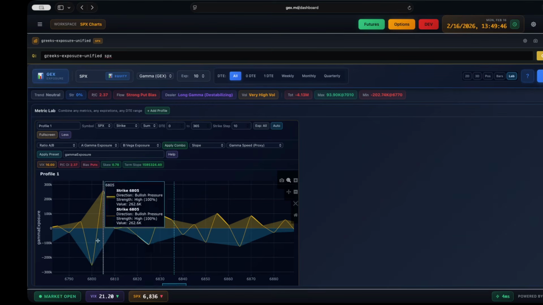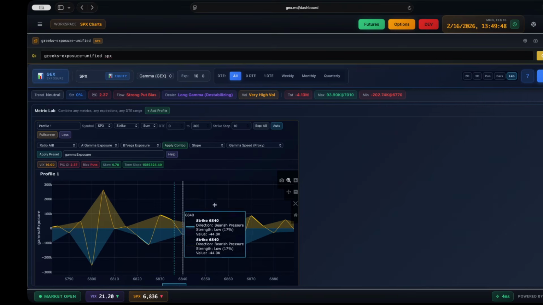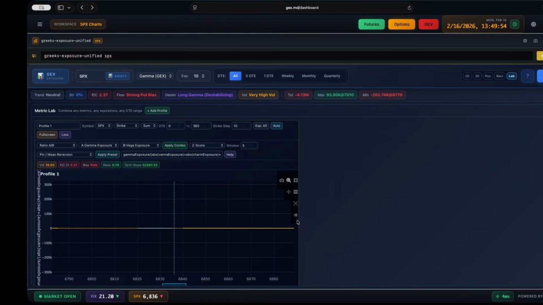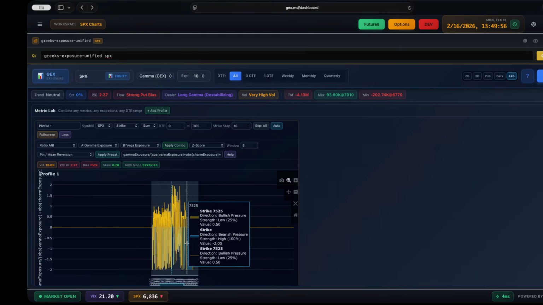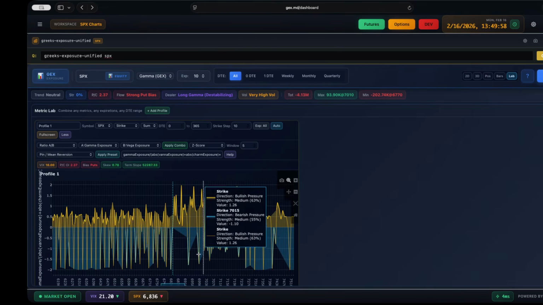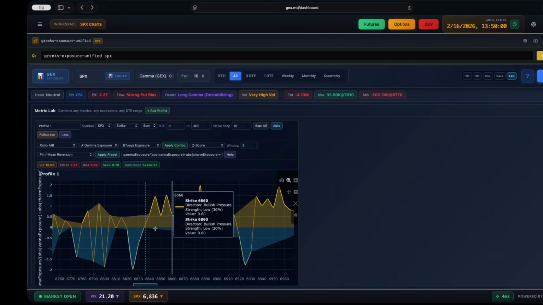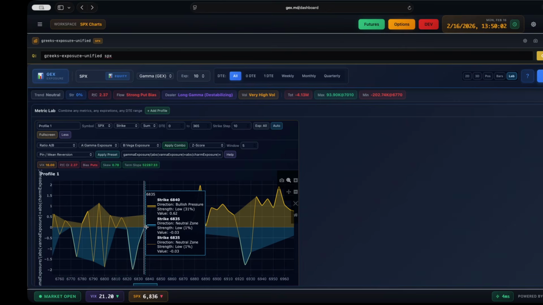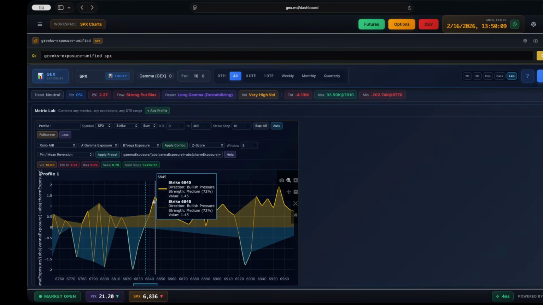This is calls, this is puts. You can get the pin, mean reversion, you apply, and then, let me see, put right there, put bigger. So we can have right here 68.45, a bullish pressure of 72% to the outside, and then take a look at this.